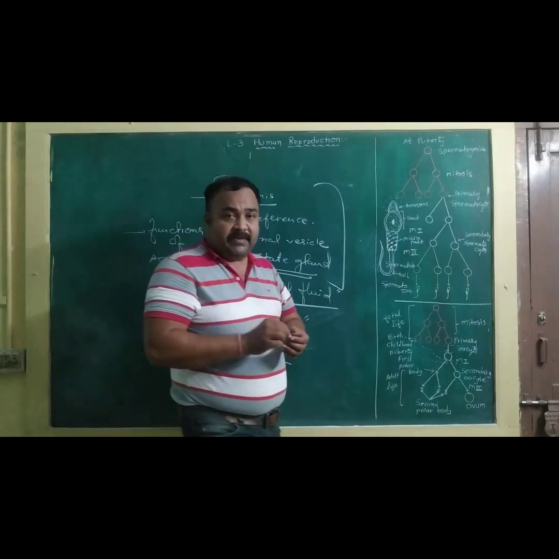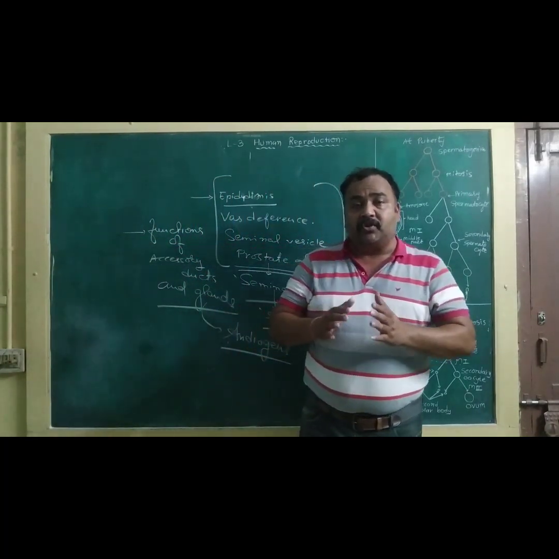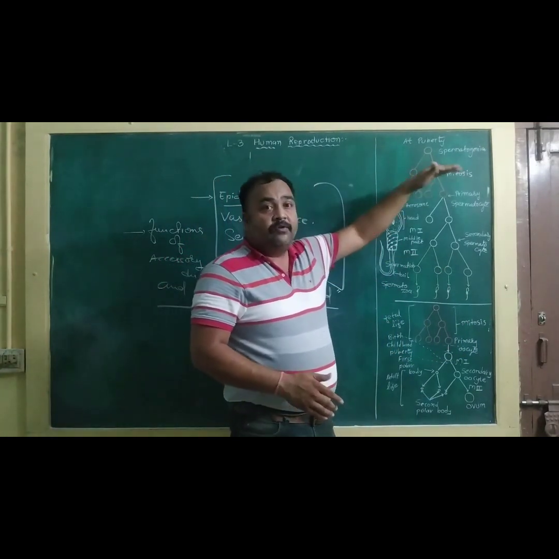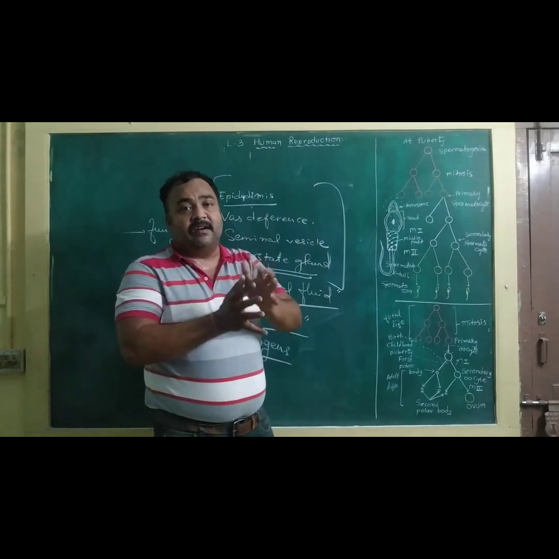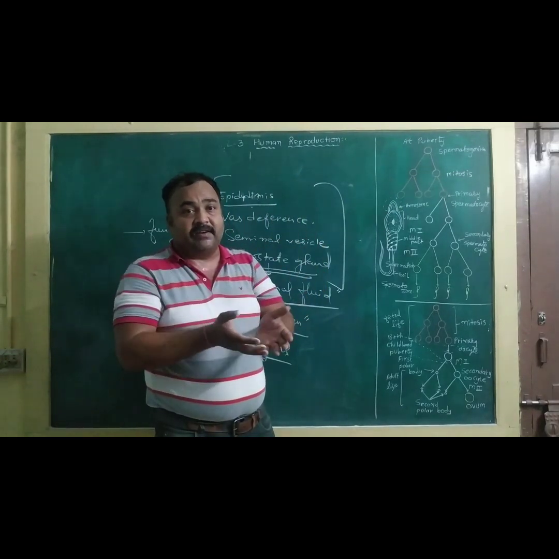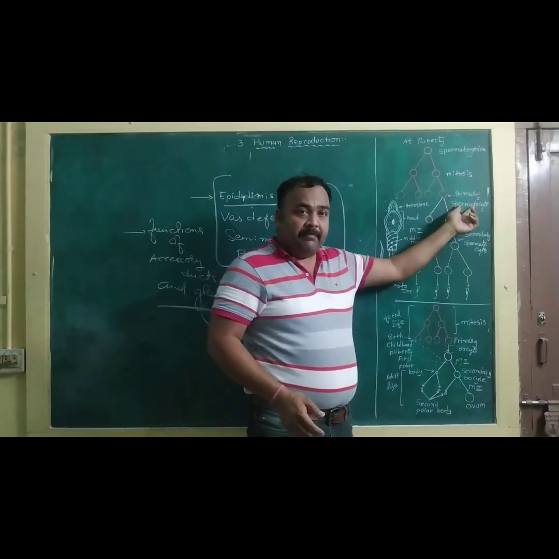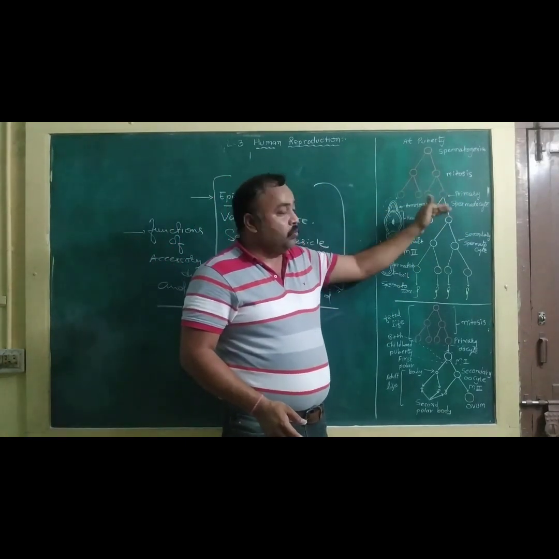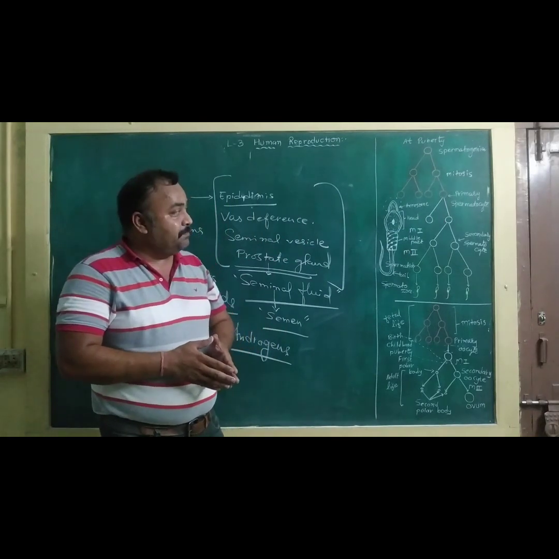The male germ cells or spermatogonia first of all divide mitotically to produce a number of cells. Out of those cells, some cells undergo development, they increase in their size, they are called primary spermatocytes. Primary spermatocytes undergo meiosis 1 and produce secondary spermatocytes.